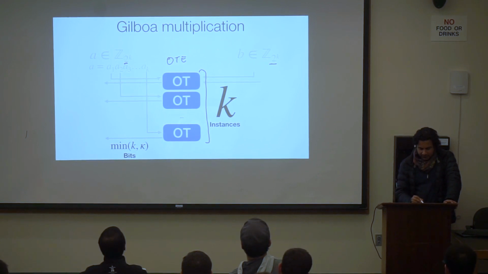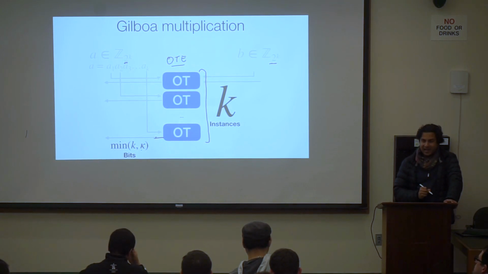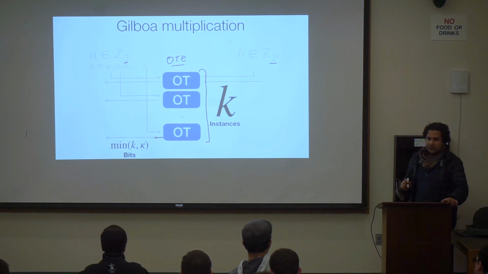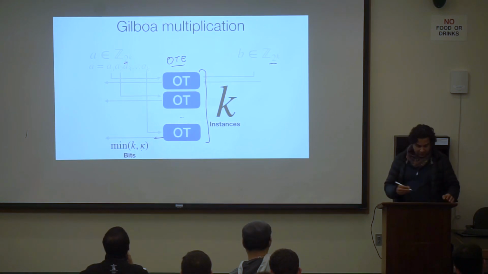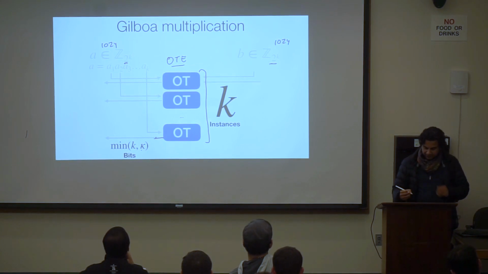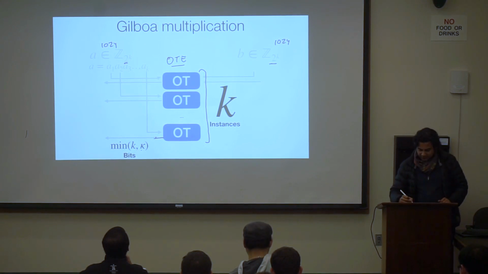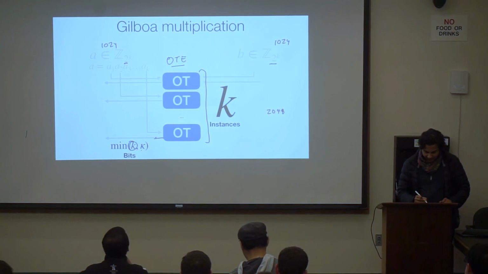The downside of using OTE is that each call to this primitive requires either k bits or kappa bits, the minimum of those two right here. So for example, if we wanted to do 1024-bit multiplications, if these numbers are 1024, then k right here is going to be 1024.